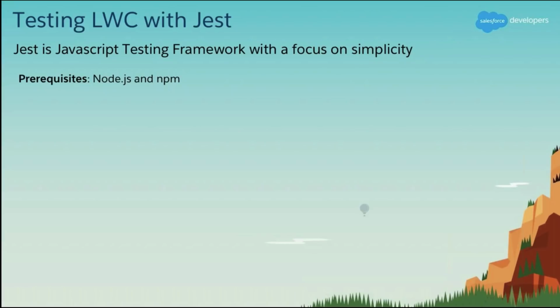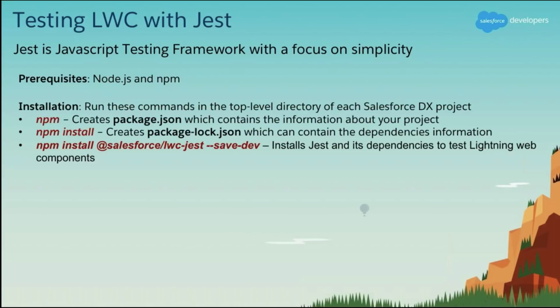And Jest is a Node.js based framework. That's the reason we need to install Node.js, and Node.js also comes with a package manager, which is called npm. Right. So how do we do the installation?